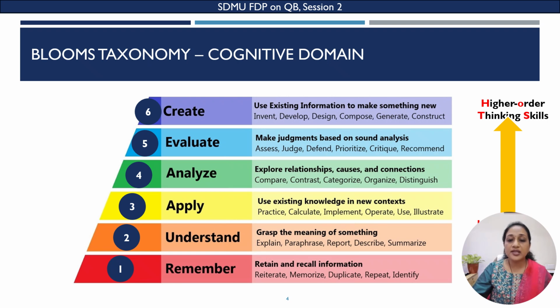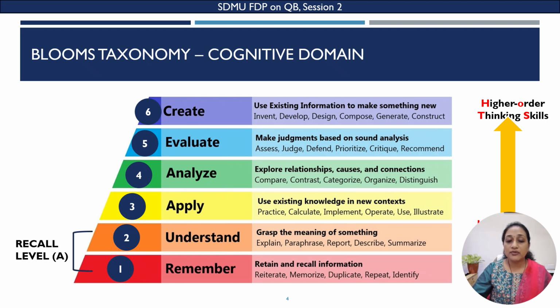Level 5 is a higher order level where the student is evaluated and judged on how he critiques the learned information, and the student is expected to have a sound analysis based on which he makes appropriate judgments. Level 6 is the highest level of assessment wherein the student is expected to know how to create, formulate, and synthesize completely new information learned from various basic levels of the cognitive domain.